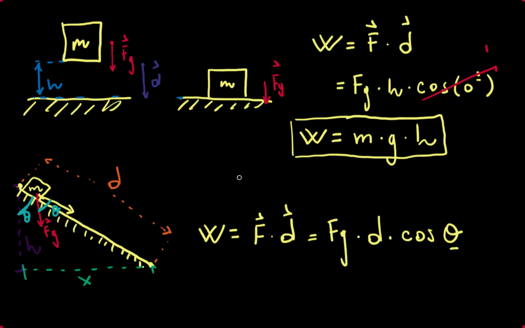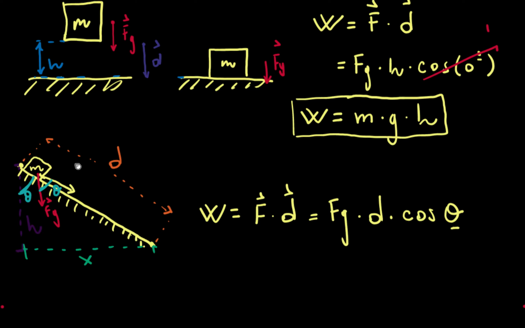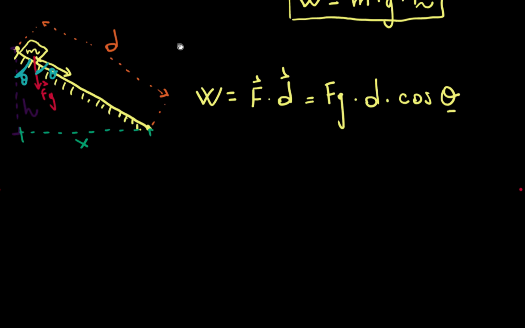Basically, the angle in between, and let me write this triangle here. I'm going to write two triangles here. If you take the angle in between the force of gravity and the displacement vector, that angle in light blue is the same angle as in this triangle here.